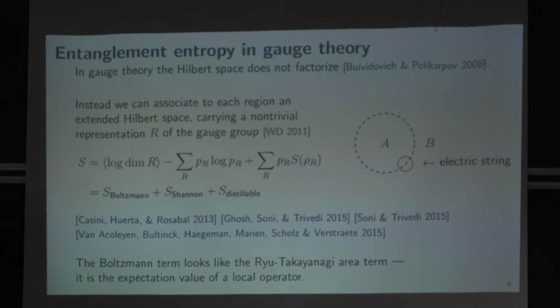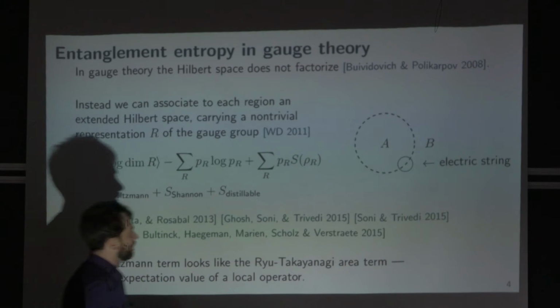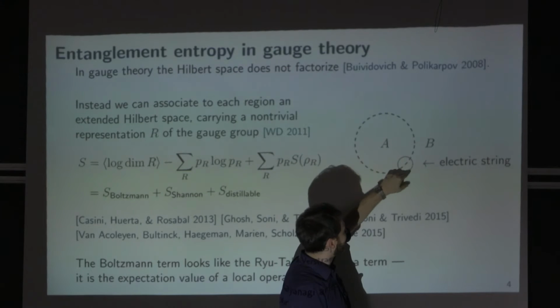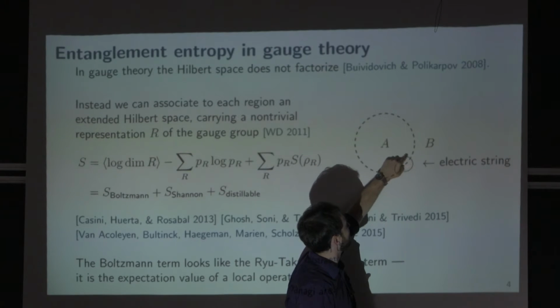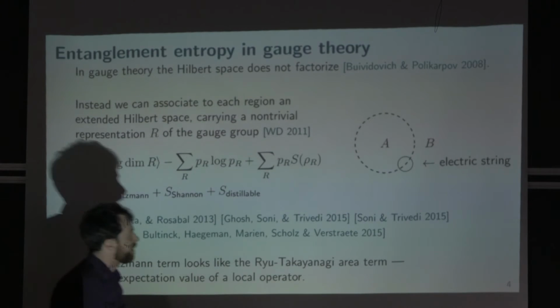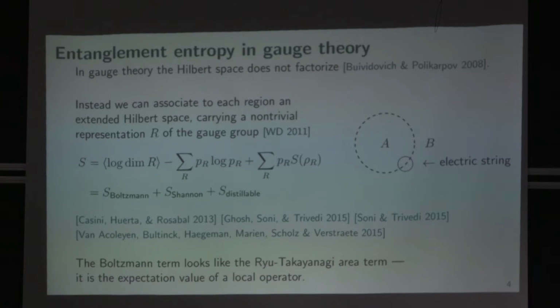Instead, there's a different way to think about entanglement where you can associate Hilbert spaces to regions, but now the Wilson loops of the theory, which you can think of as string-like objects, can cross the boundary, and you have to ask how you split one of these up.